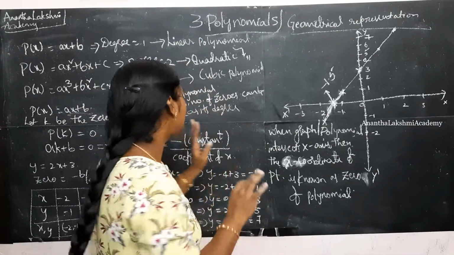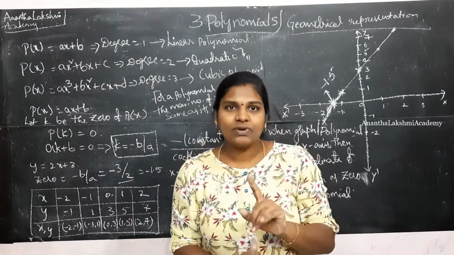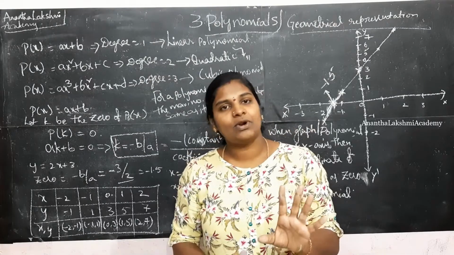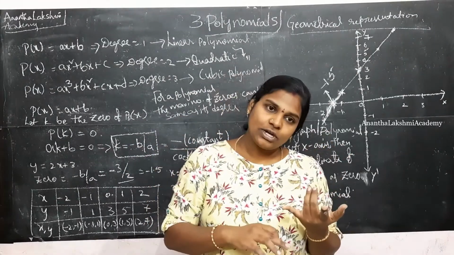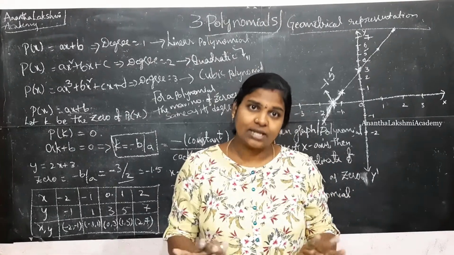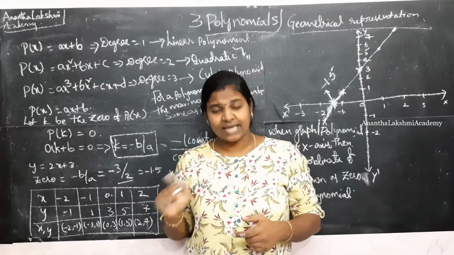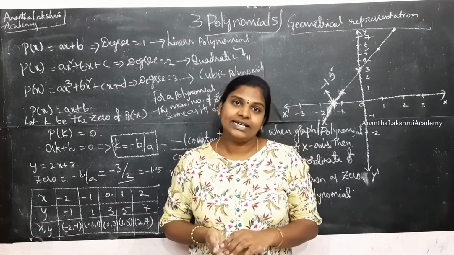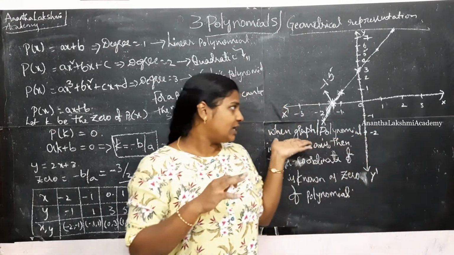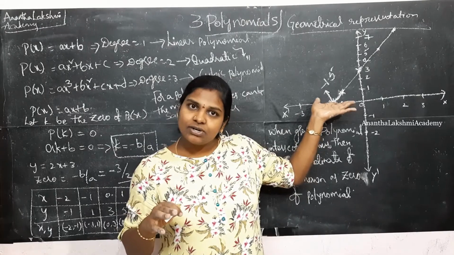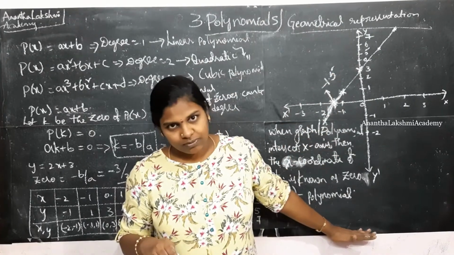So what I am trying to say is, if there exist zeros for a polynomial, then the maximum number of zeros can be equal to the degree. There can also be polynomials with no zeros. Can there be such a polynomial? Yes, we have one such type in our exercise problems. I'll be explaining it in detail in the exercise. So in the graphical representation, the x-coordinate of the point at which the graph intersects the x-axis is known as the zero of a polynomial.